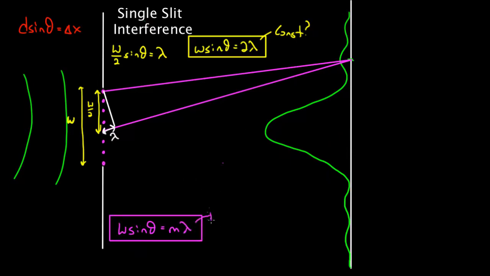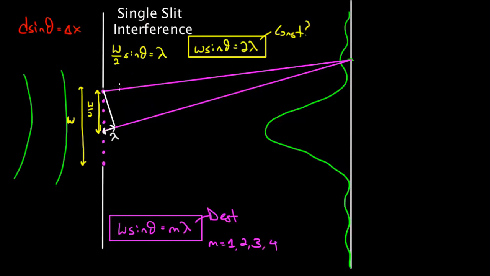These are giving destructive. For any m equals 1, 2, they could even be negative if you want to consider down here. Any integer. It looks like we've just proved these are constructive. How are these constructive? Well, they're not really. They kind of are, but watch what happens.